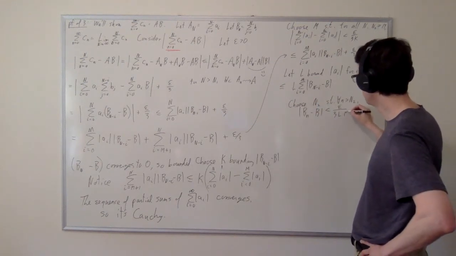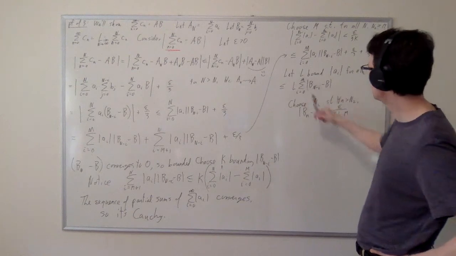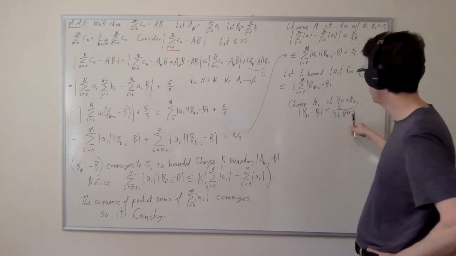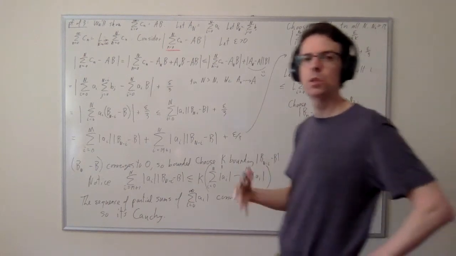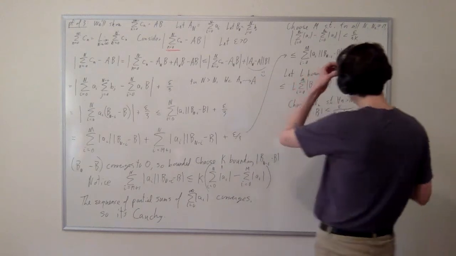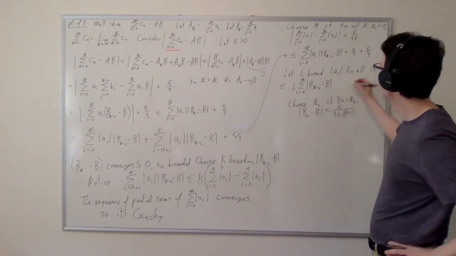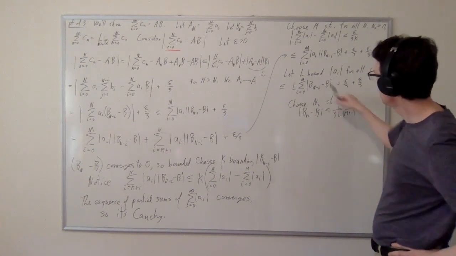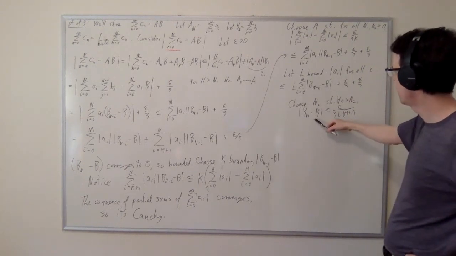And I'm also going to divide by m plus 1, because I have m plus 1 terms, and I intend to use this bound a whole bunch of times to bound every one of these terms. So then this thing, I forgot my epsilon over 3 in both cases. So this bound is hopefully going to suffice for this.